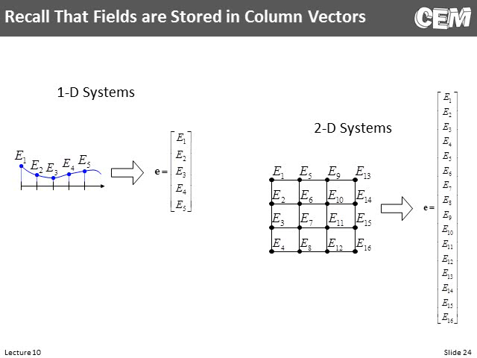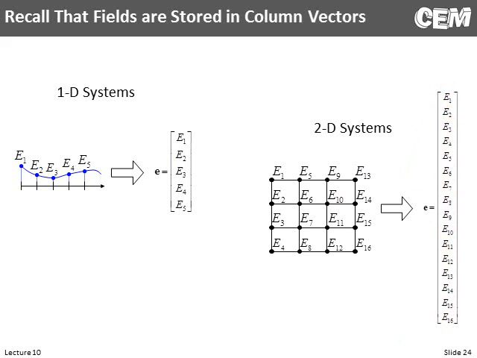Just a reminder, if we have a function on a one-dimensional grid, let's say we're storing our electric fields on a one-dimensional grid, it makes sense we could store these in a one-dimensional array that we'll call a column vector. A little bit less obvious, if we have a 2D array, we raster through this, and we can still list them in a single file manner.